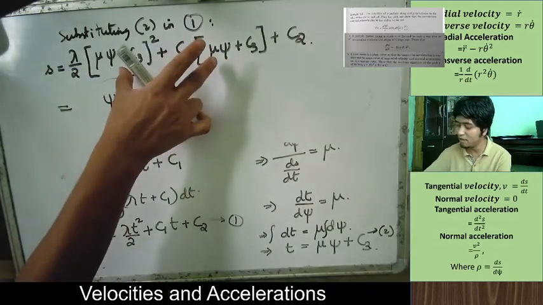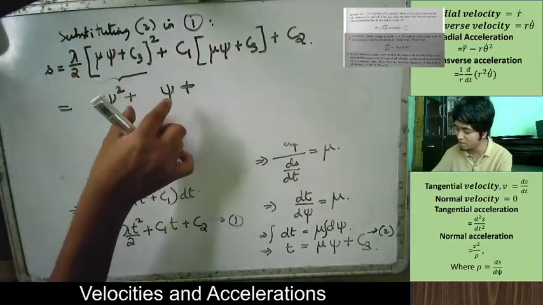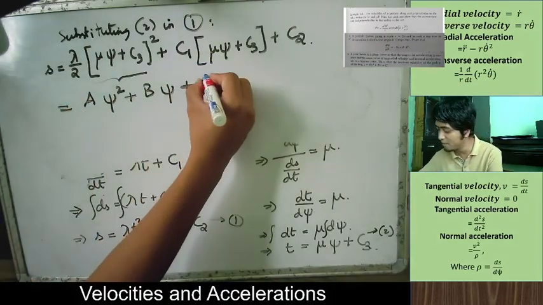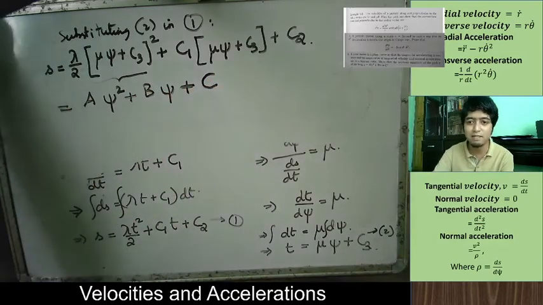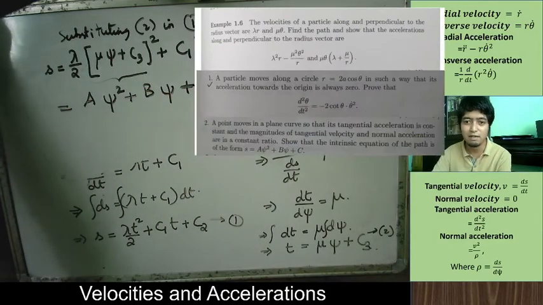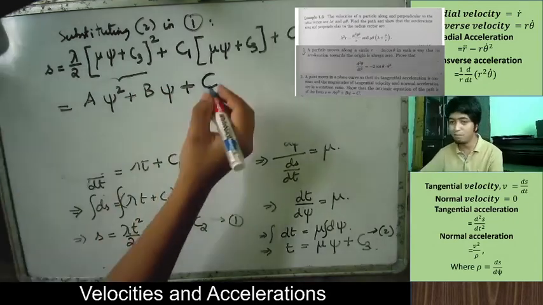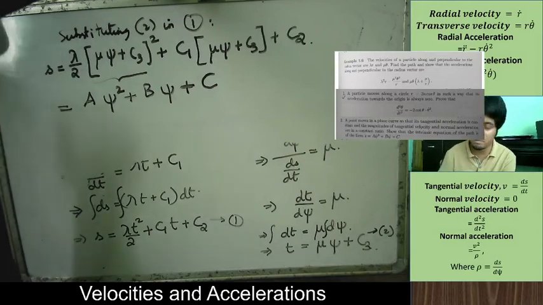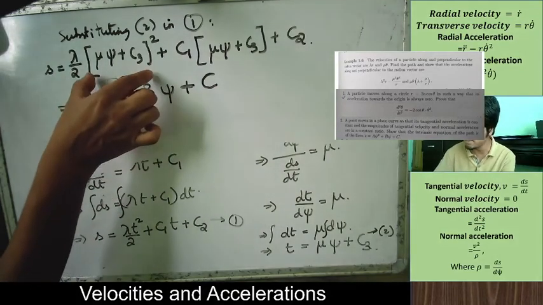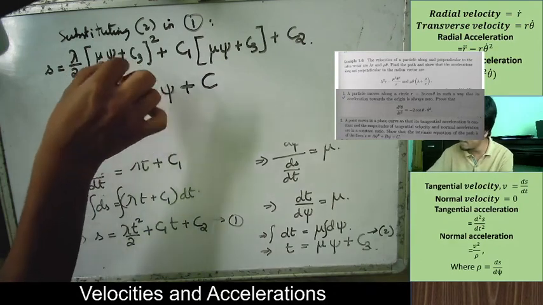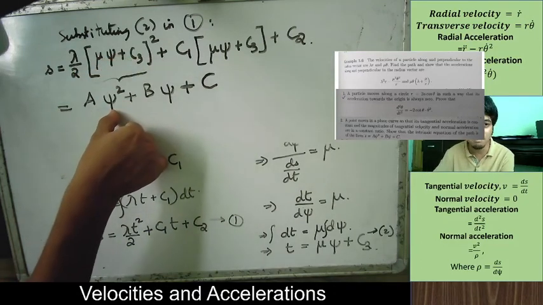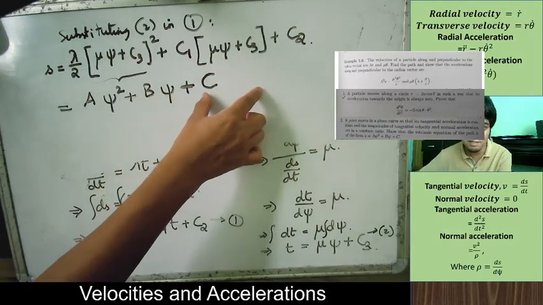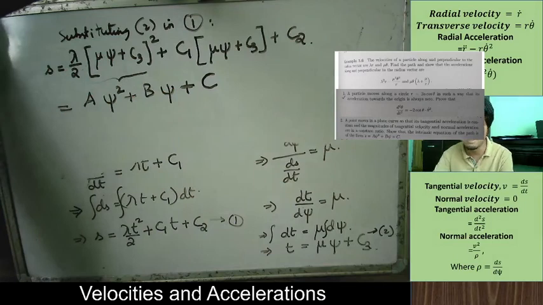We can add the terms containing psi and simply write this as a psi squared plus b psi plus c, which is the required expression, where a, b, and c are constants. If you are not comfortable writing this directly, you can expand and then group the terms containing psi squared, the terms containing psi, and the constant terms together. Until next time.